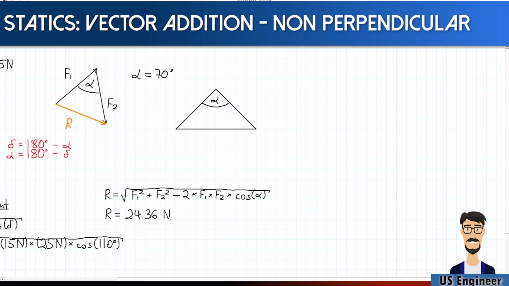This is going to be beta, and this one is going to be gamma. And to each angle, there is a respective side or a respective leg. A is going to be at the opposite side of alpha, and the other legs are at the opposite side of their respective angles. So here I have B, and this one is going to be C.